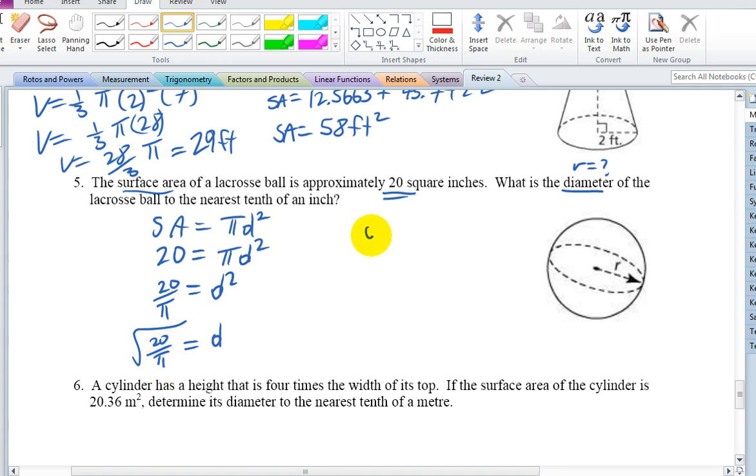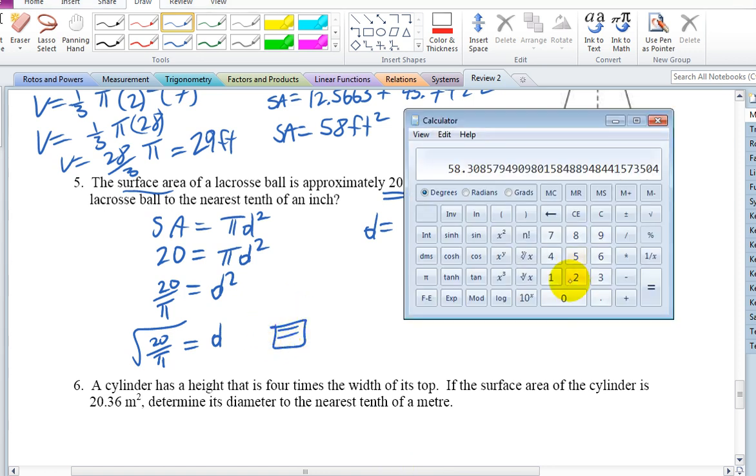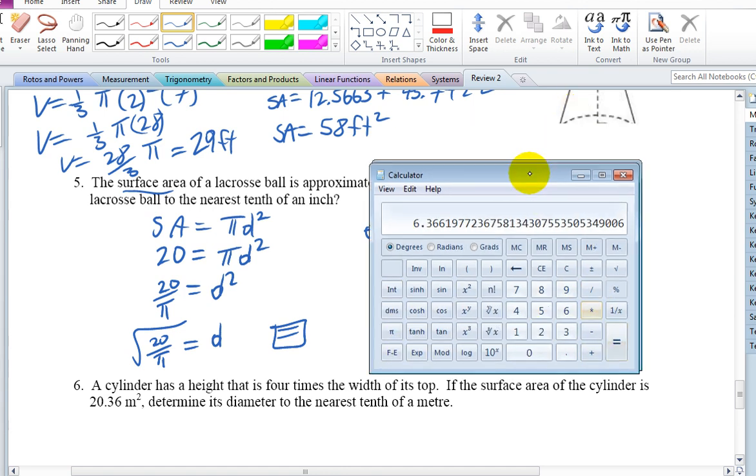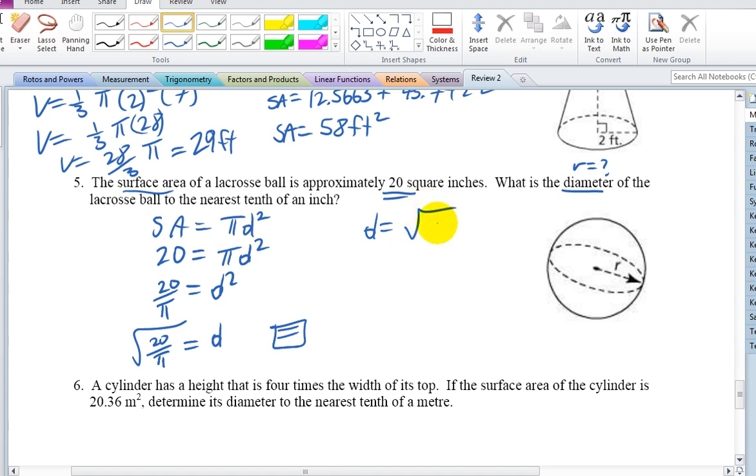Okay. So then you go to your calculator. Now on a calculator, you must press the equal sign. You want to know the value of 20 divided by pi. Okay, so it's square root 6.36 something.